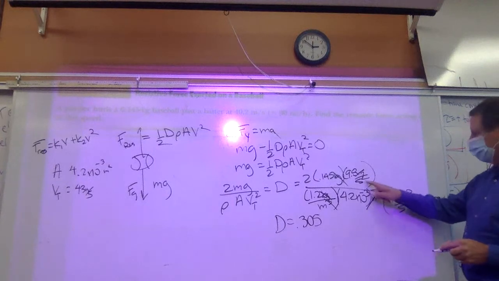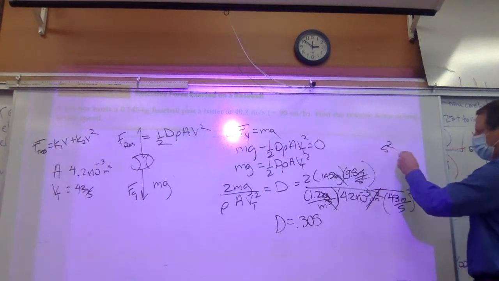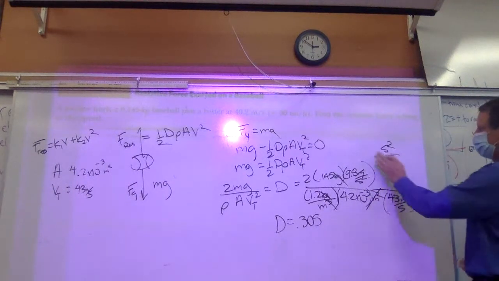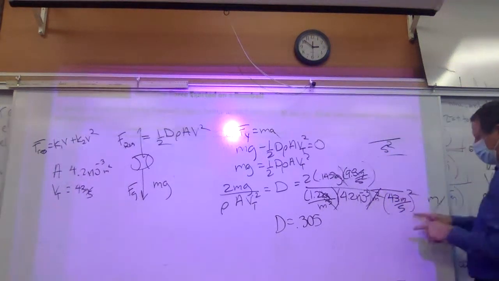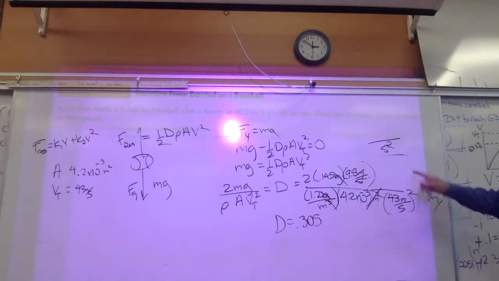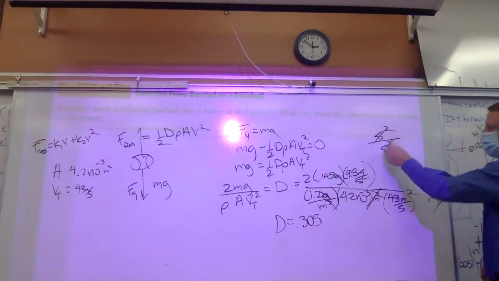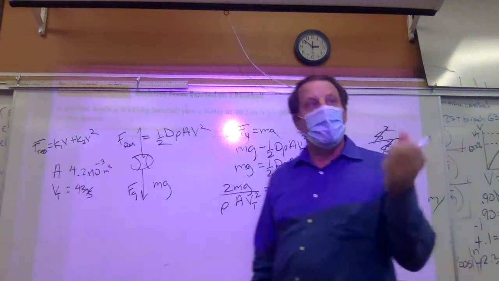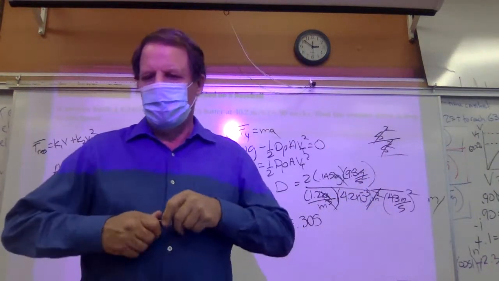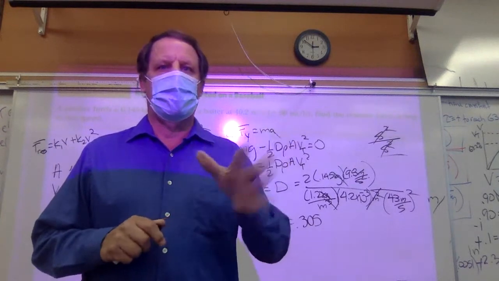And now we're going to have seconds squared on the bottom. And then we're going to have seconds squared, but this is the bottom of the bottom, the denominator of the denominator, so it goes to the top. And now we're going to end up with seconds squared. So there are no units for this drag coefficient unless I messed up. So we can kind of check that.